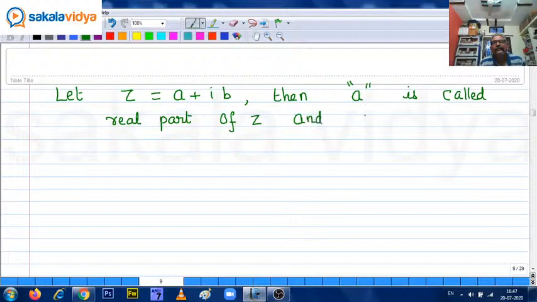And b is called, not bi, not ib, b is called the imaginary part.